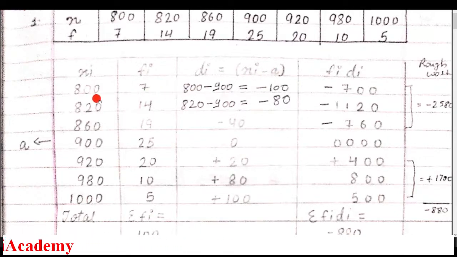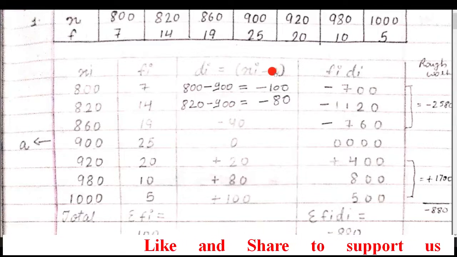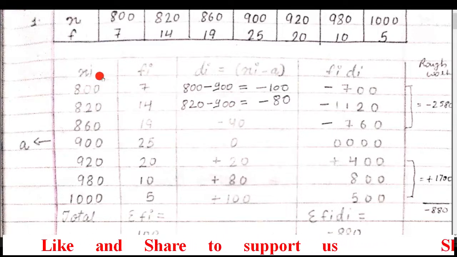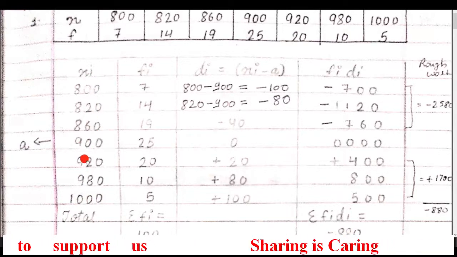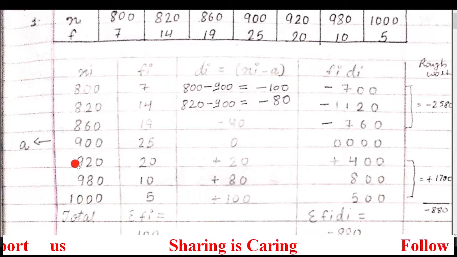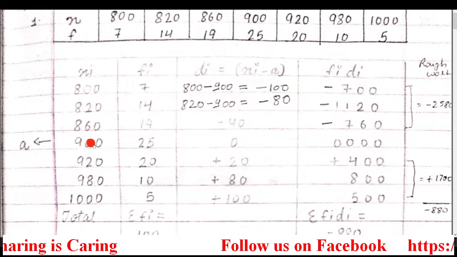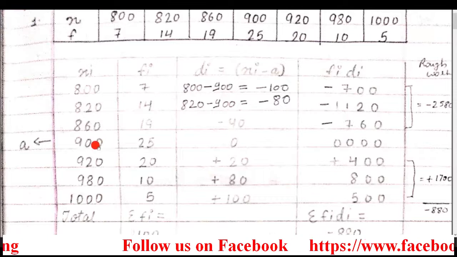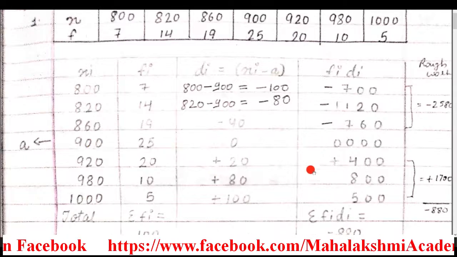So students, here first we need a, because xi we know, but we don't know a. The meaning of a is assumed mean, which you always have to assume from the xi column. You can assume any data among these as the assumed mean, but prefer the middle term, because it will reduce the burden of calculation finally.